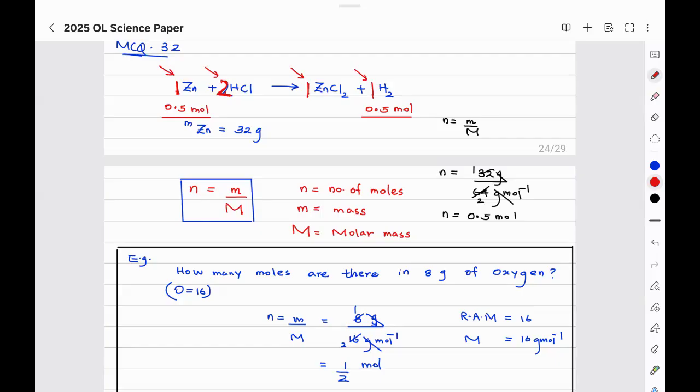According to the reaction stoichiometry, 1 mole of zinc is producing 1 mole of H2. Then 0.5 moles of zinc is producing 0.5 moles of H2. Got it? That's the point.